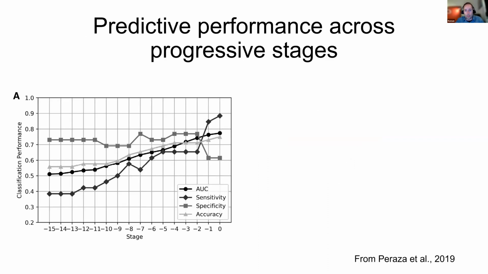And indeed, what we found is that if we then trained a support vector machine as our machine learning tool, then we could, with very high performance, classify if a subject had Alzheimer's disease or not, based on those simulated networks.